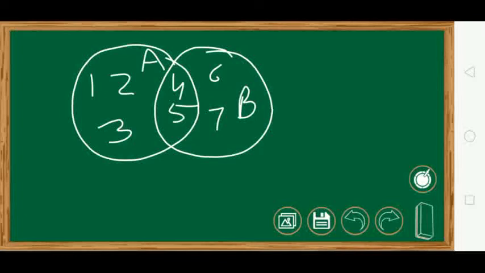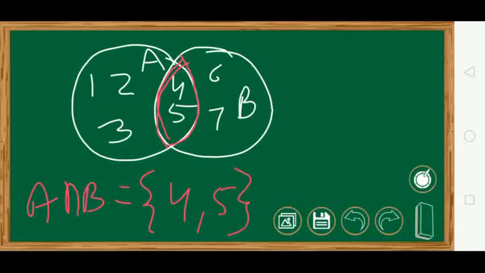Take the full circle A, and B take the full circle, so 4, 5, 6, 7. And this part is nothing but your intersection part. So what is written in this part? 4 and 5. So A intersection B is equal to {4, 5}.